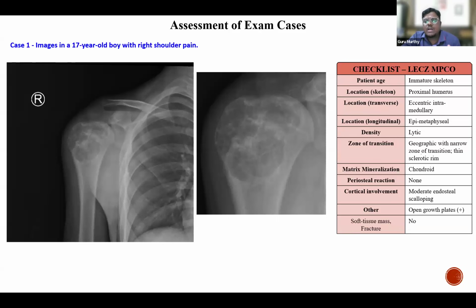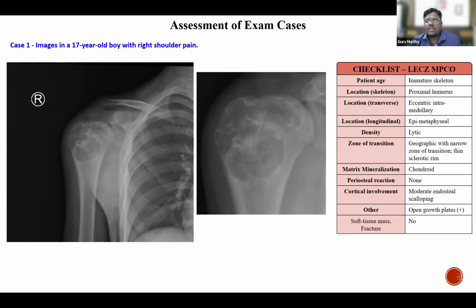So we'll come to the diagnosis, or narrow down to the diagnosis, starting with the three pillars. One is the age, 17. Next is the location, the epimetaphyseal region. As I said, in a skeletally immature patient less than 30 with an epiphyseal lesion, your differential will be chondroblastoma. Chondroblastoma will have chondroid matrix, which is picked up in our radiograph.